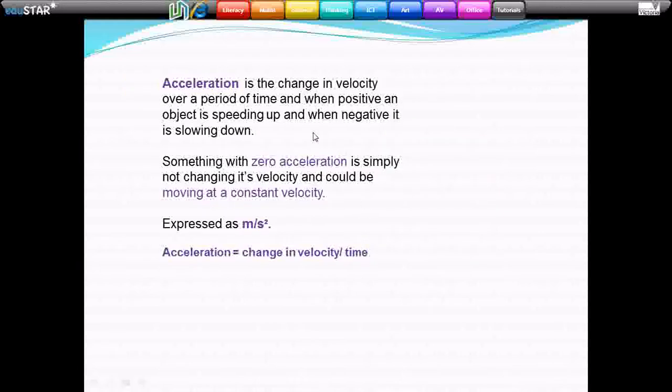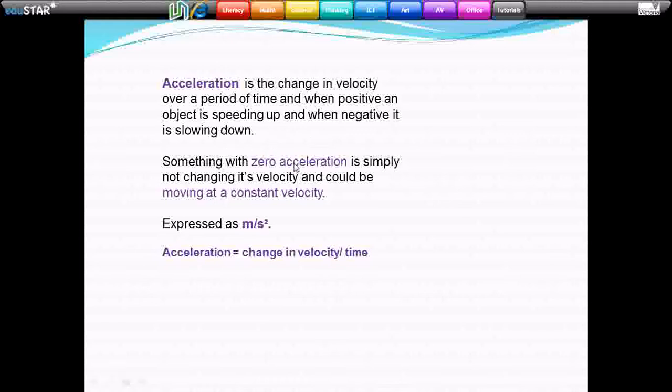Acceleration is the final key term in linear motion, and that is defined as the change in velocity over a period of time. Acceleration is positive if the object is speeding up, and it's considered to be negative when slowing down. You might hear the term deceleration. It's actually negative acceleration.